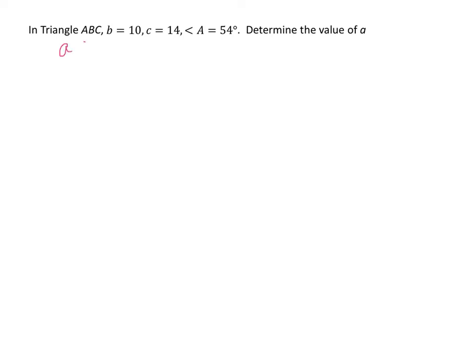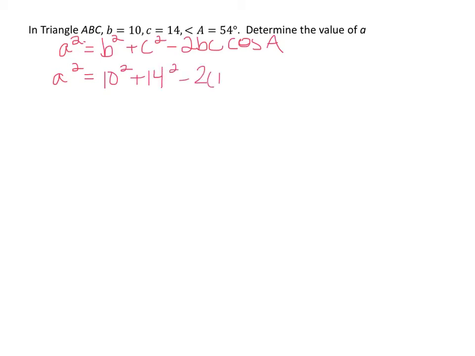And we get a squared is equal to b squared plus c squared minus 2bc cosine of angle A. So that would be 10 squared plus 14 squared minus 2 times 10 times 14 times the cosine of 54 degrees.